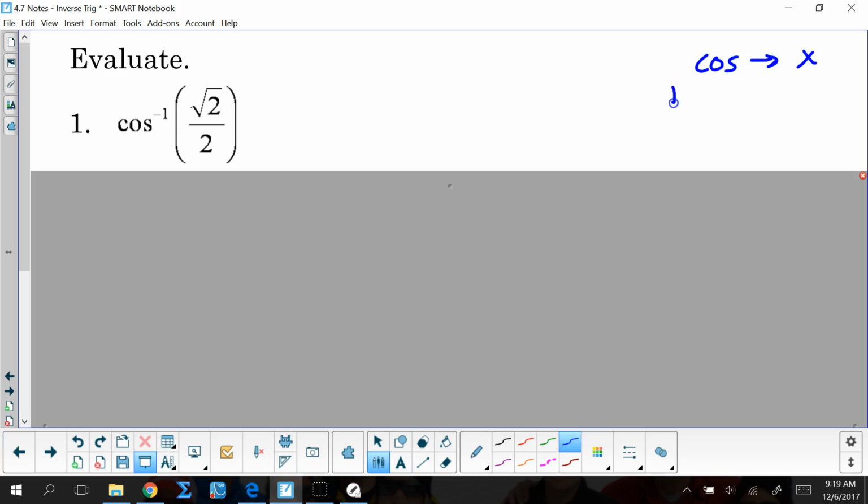I'm on the top half, and so it's got to be 0 to pi are my answers. Where is the cosine equal to the square root of 2 over 2? Pi over 4. Do we agree with pi over 4? I would agree that this is pi over 4.